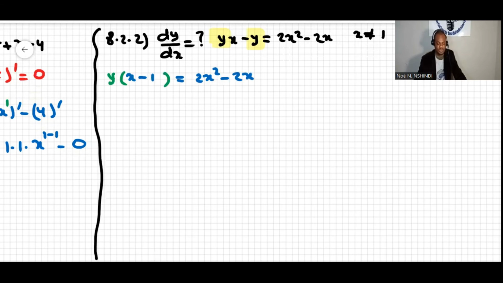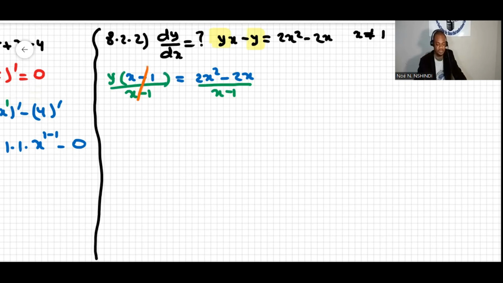So we can now divide both sides by x minus 1. This is valid because they tell us x is different than 1. If x was 1, we couldn't divide by x minus 1 because 1 minus 1 makes 0. Division by 0 is ruled out. So we can do this and then simplify here.